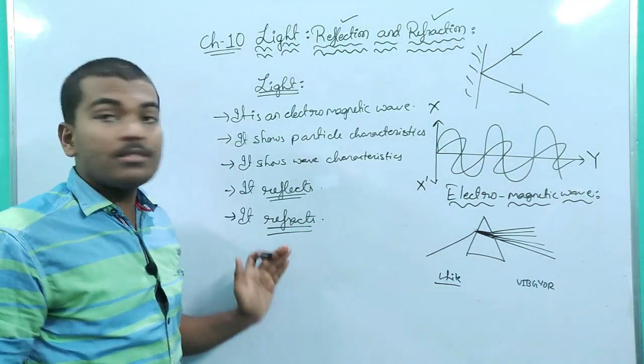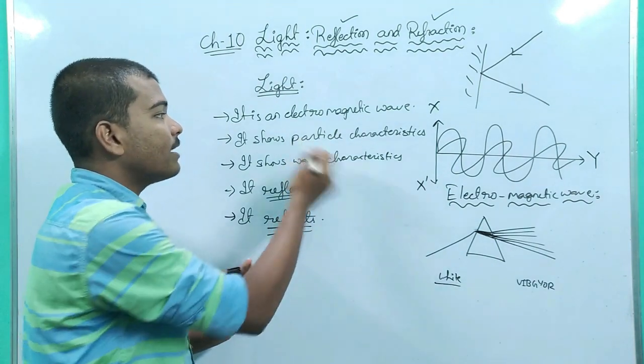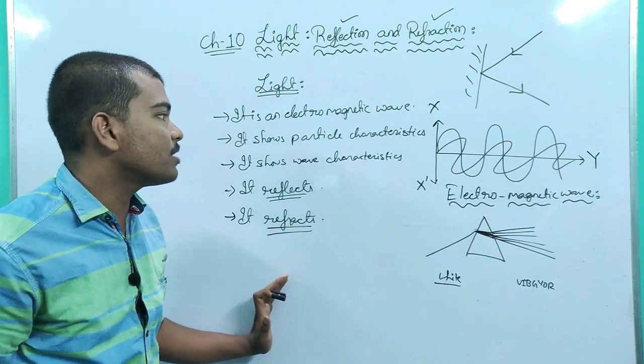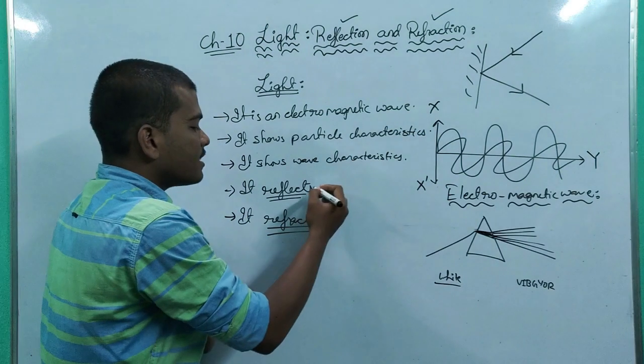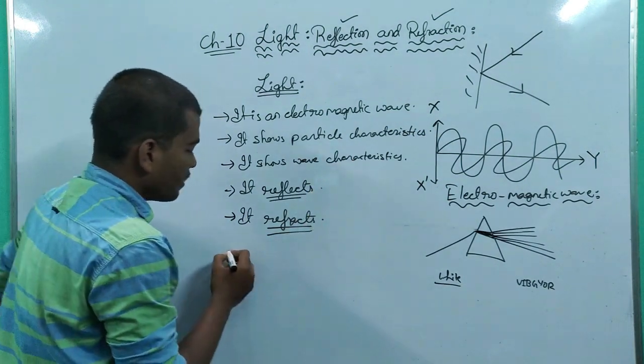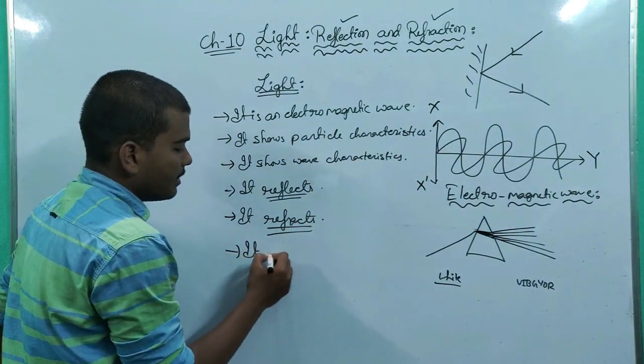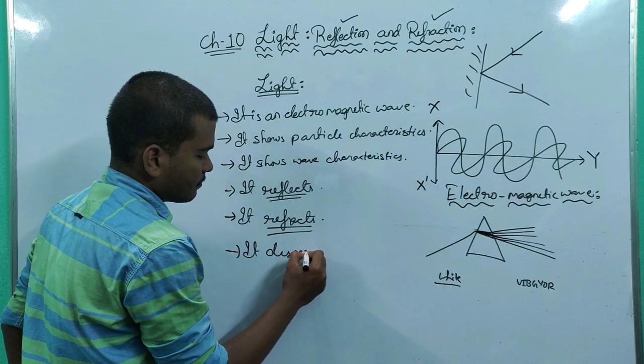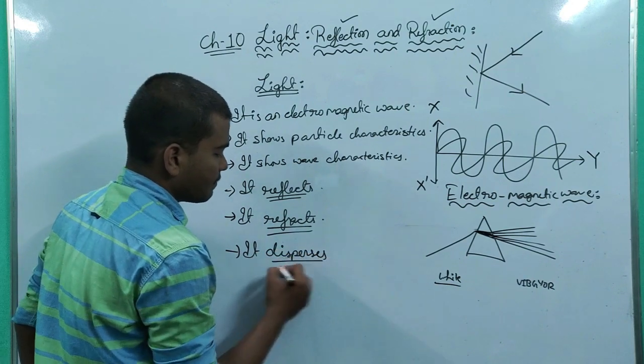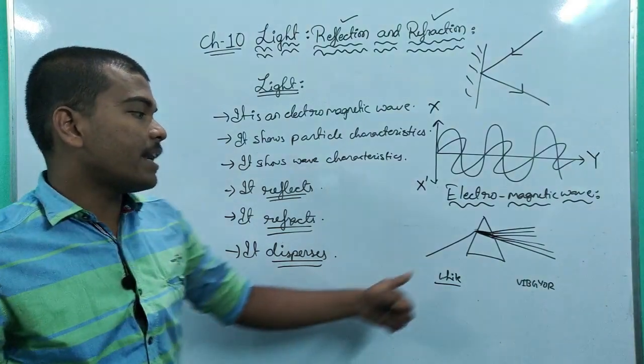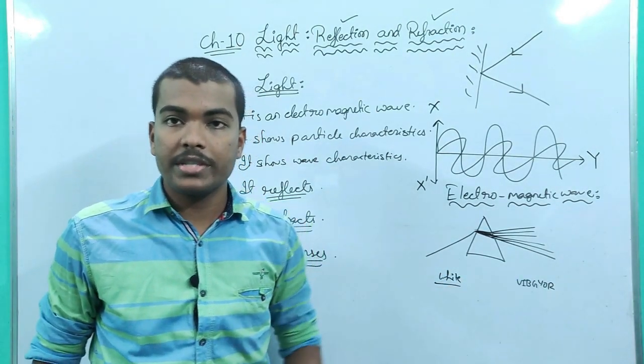But just to know the characteristics of light: it is an electromagnetic wave, it shows some particle characteristics, it shows some wave characteristics, it reflects and refracts. The last one, it disperses, like the dispersion of light, the splitting of light into 7 colors.